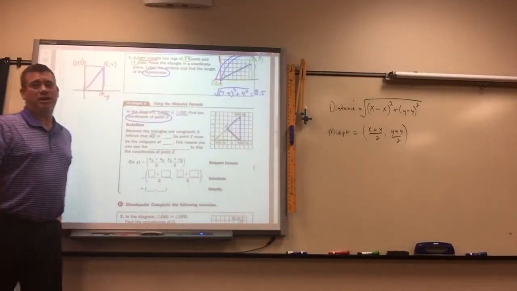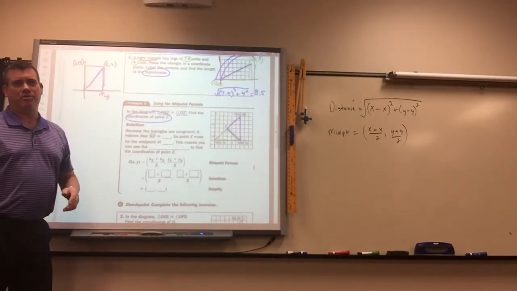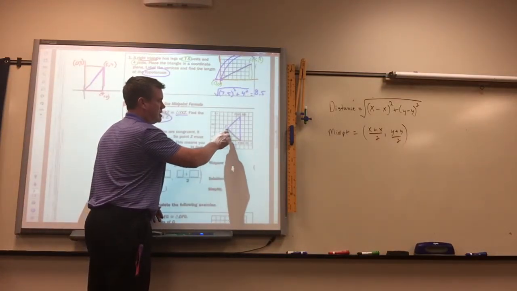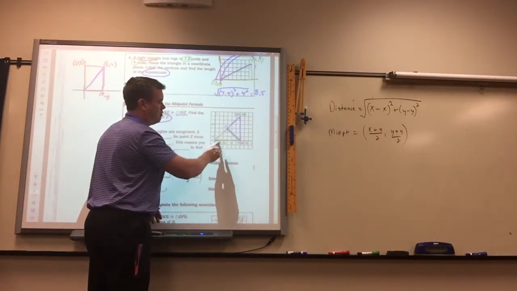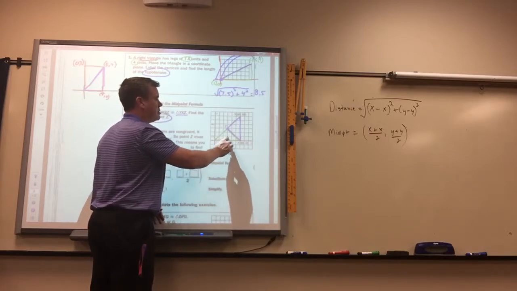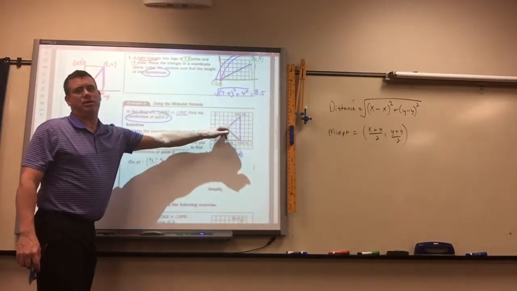Now, if it's a really good graph, which this one is, you don't need to use the midpoint formula, you can just figure it out. These go by tens, Z is right here, so it's over 10, 20, 30, and it's up 10, 20, 30. So point Z is at 30, 30.